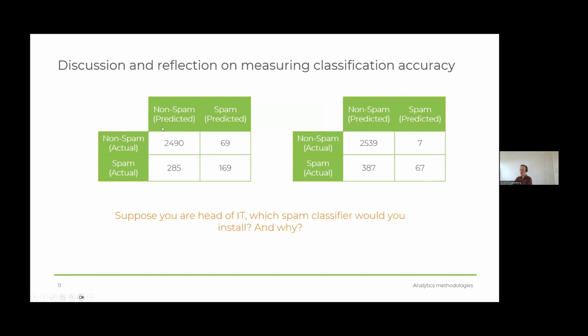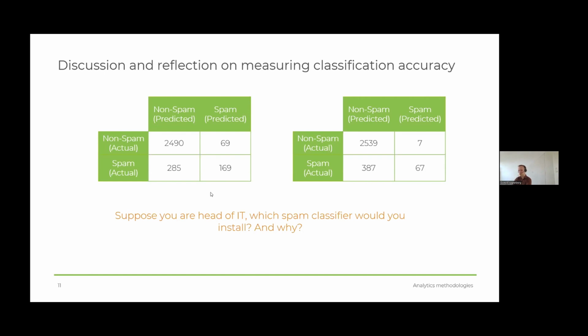Then here, it's more or less a question to you. For this session, it might be a little bit hard to ask someone to comment here, but I just want you to have a quick think about this one. So suppose you're the head of your IT department and you need to install a spam classifier for your coworkers.